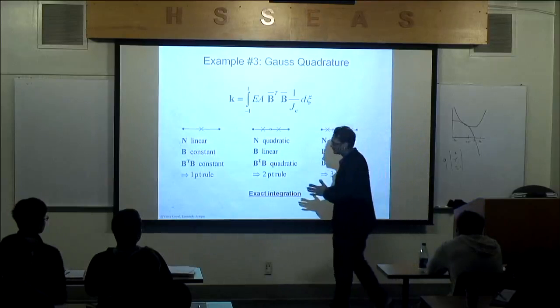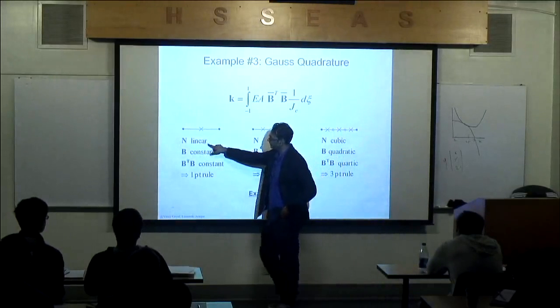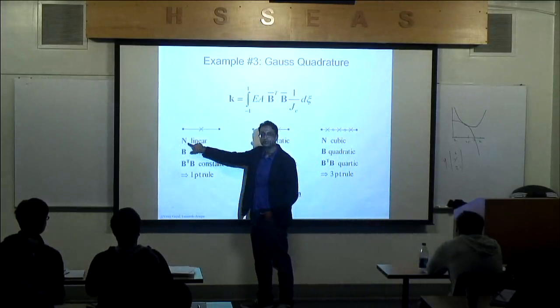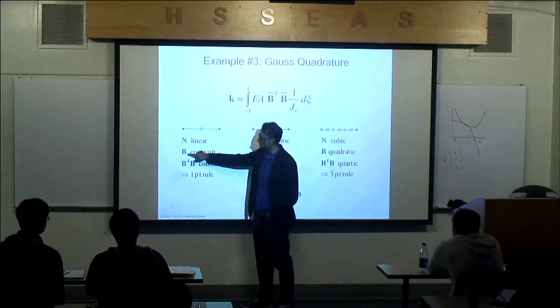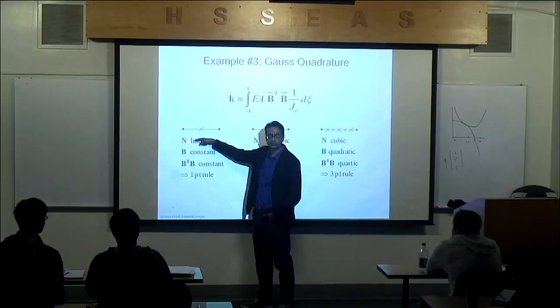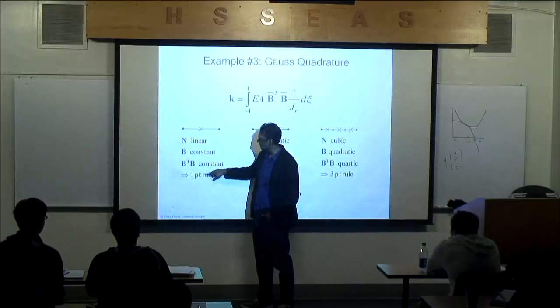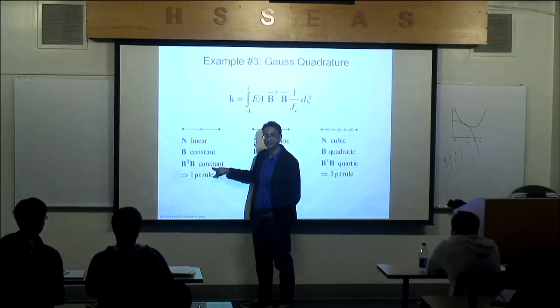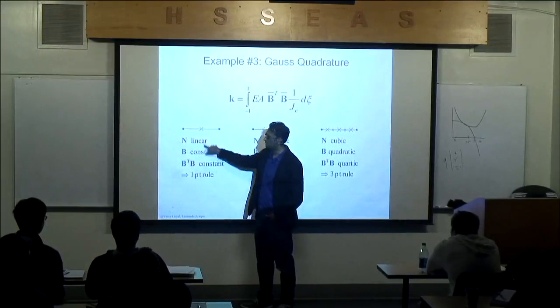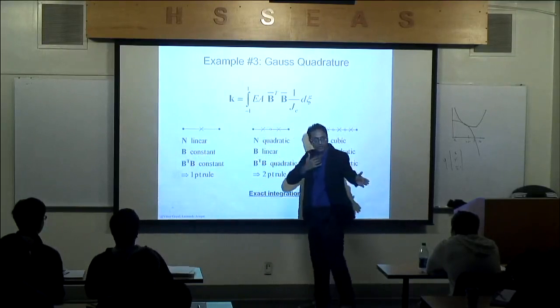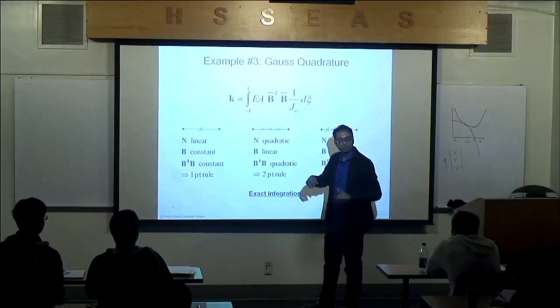For a linear element, your shape functions are linear. B is constant. Do you agree? Because I'm taking the derivatives of shape functions, so I get a constant. So constant times constant is constant. So usually 1 point will be exact for that. I'm trying to answer the question here.